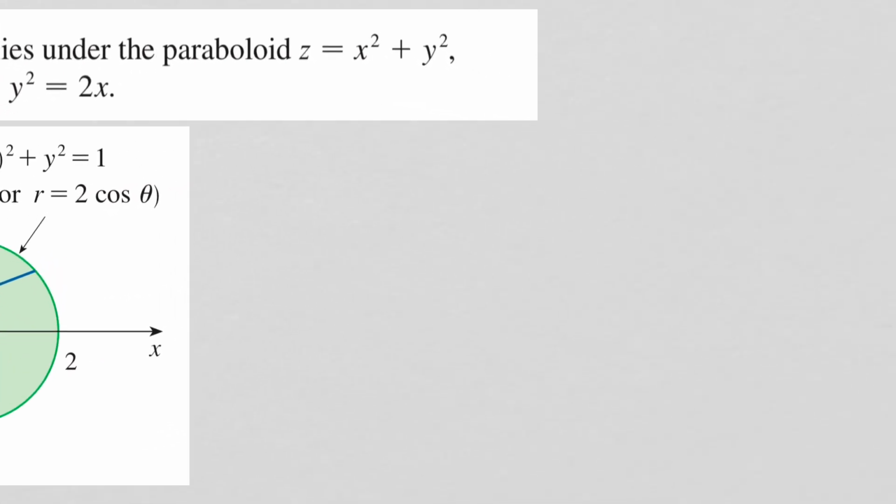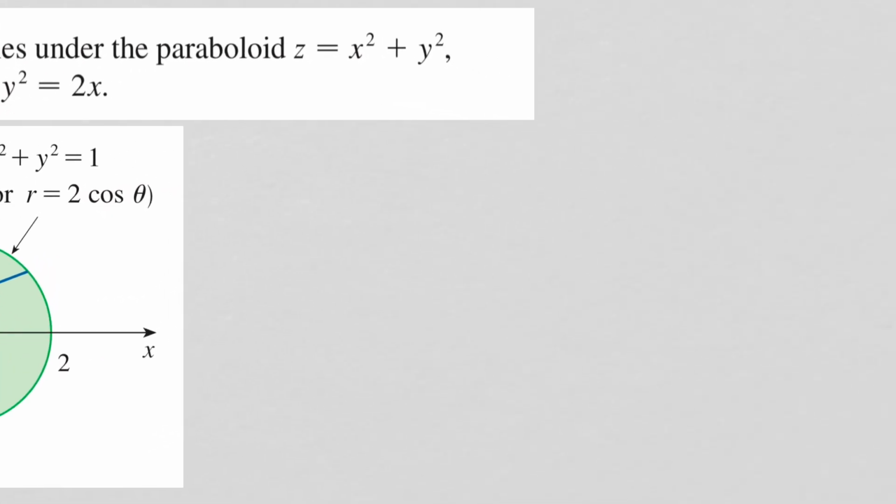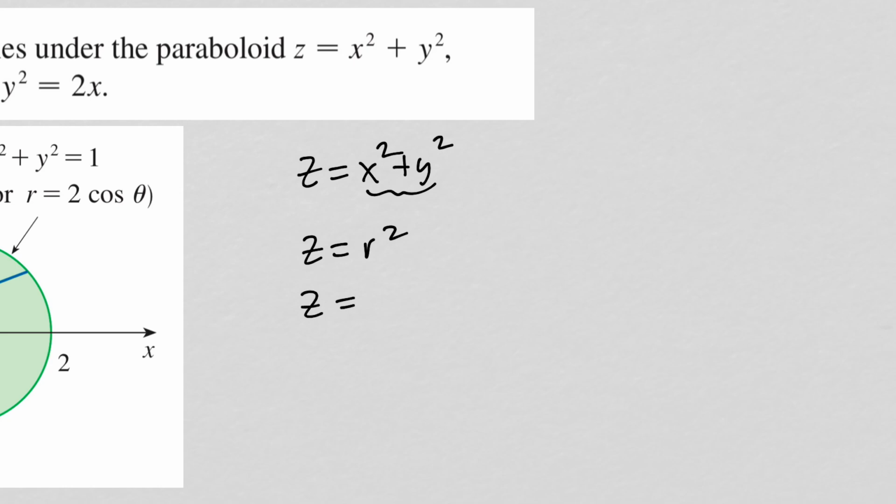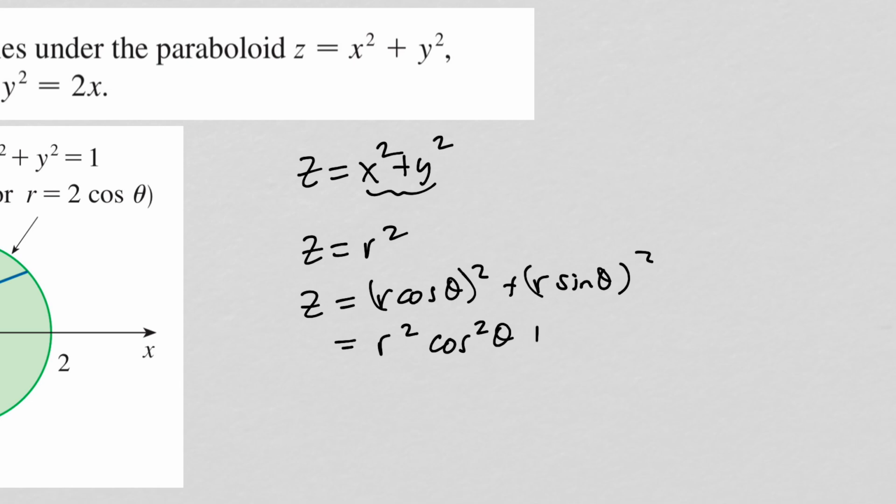So let's figure that out. Well, that's actually really simple, isn't it? Because z is equal to x squared plus y squared. But we know in polar coordinates, x squared plus y squared is r squared. So this is just z equals r squared. Now, if you don't see that, you can also do z equals r cosine theta squared plus r sine theta squared, which is r squared cosine squared plus r squared sine squared.